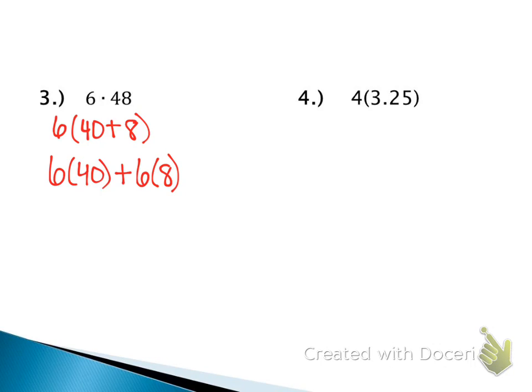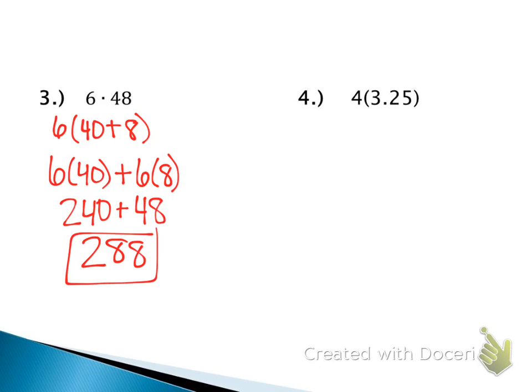Okay, so 6 times 40 gives us 240 plus, Connie, what's 6 times 8? Six times 8 gave us 48. We add them together, we should get 288.